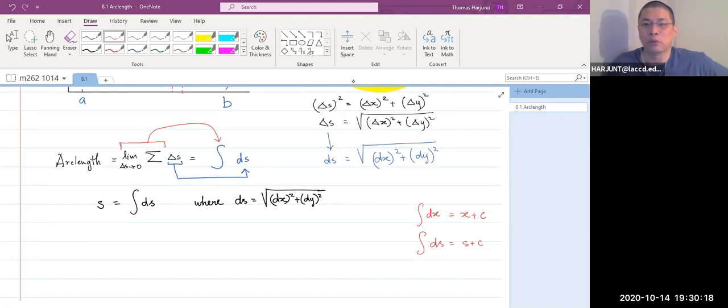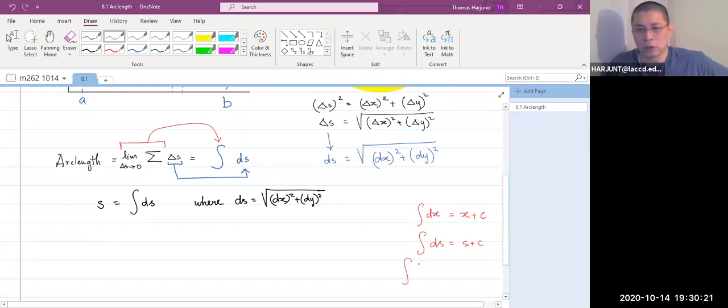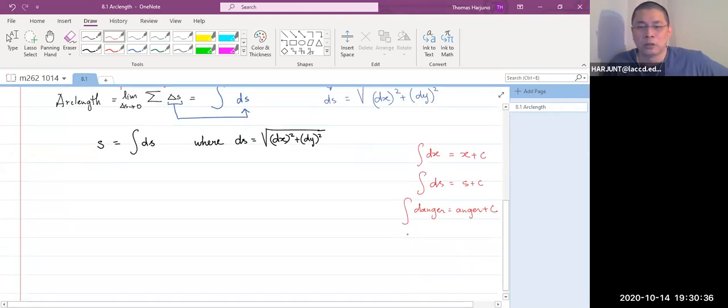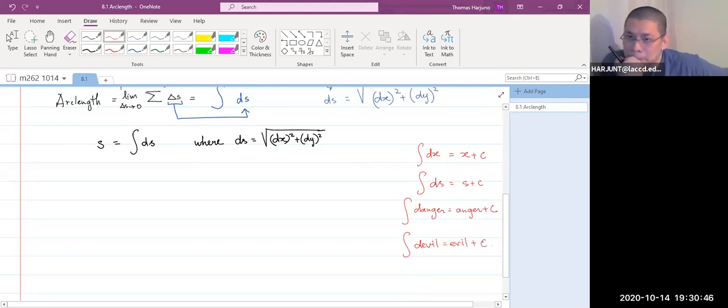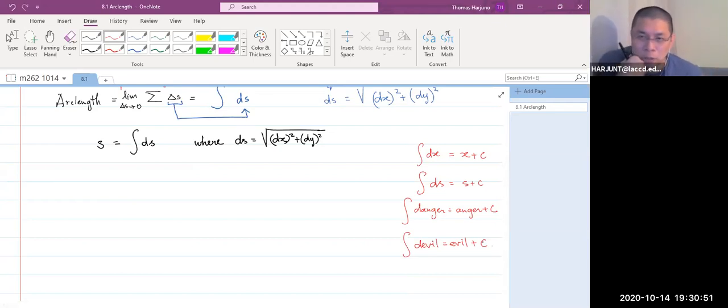I usually joke this way: the sum of small dangers is equal to anger plus constant, and the integral of small devil is equal to evil plus constant. Of course, the last two are just notation play, not real.